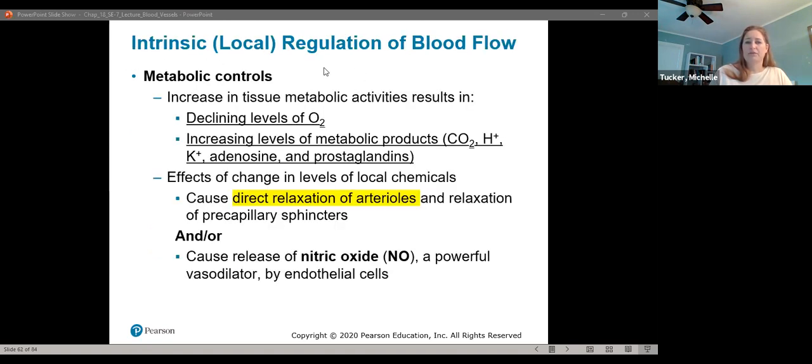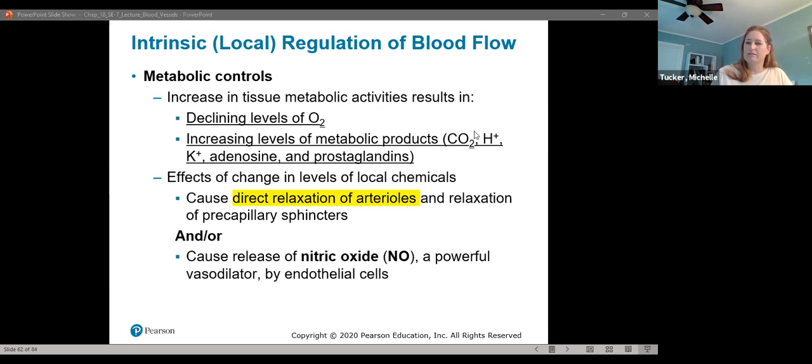Metabolic controls are what's going on at the level of the tissue. If there is a decline in the level of oxygen or an increase in the level of carbon dioxide or hydrogen ions. Hydrogen ions can be released with lactic acid and some other metabolic reactions will cause acidic products.